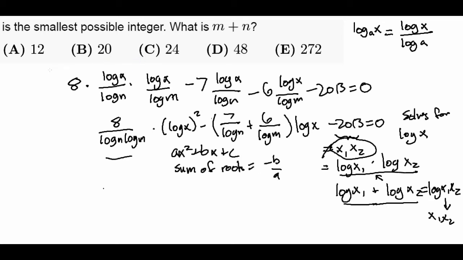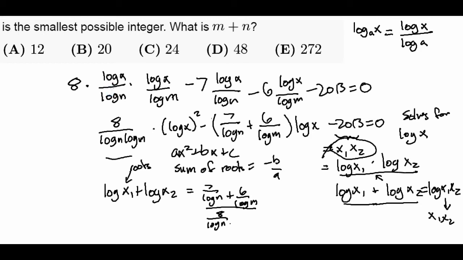So by Vieta's, that means that log x1 plus log x2, consider if these are the solutions, is equal to 7 over log n plus 6 over log m divided by 8 over log n log m, which simplifies to 7 times log m plus 6 log n over 8.